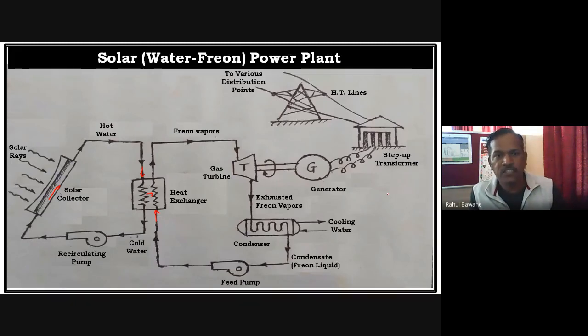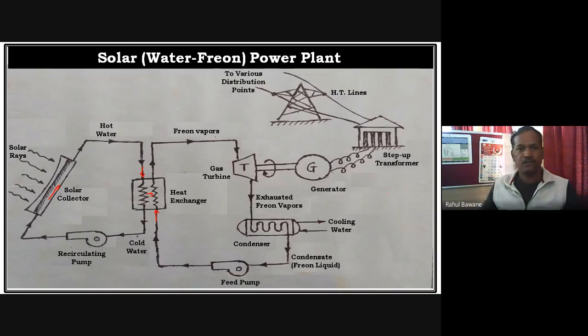Secondly, it depends on season. Even in India, in Maharashtra, in the summer season we get sufficient intensity of solar energy, but in the rainy season, with a cloudy atmosphere, the solar power plant cannot work with full efficiency. Correct. So that is its drawback.